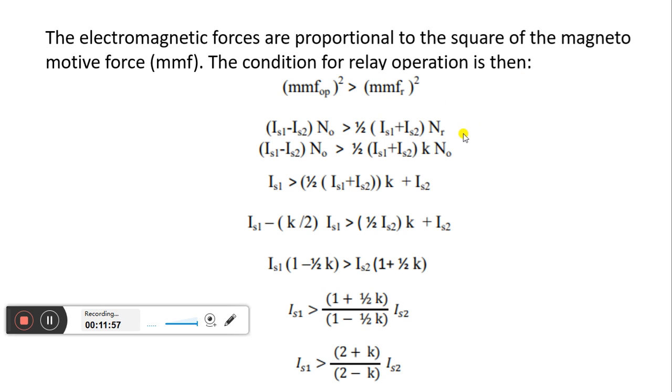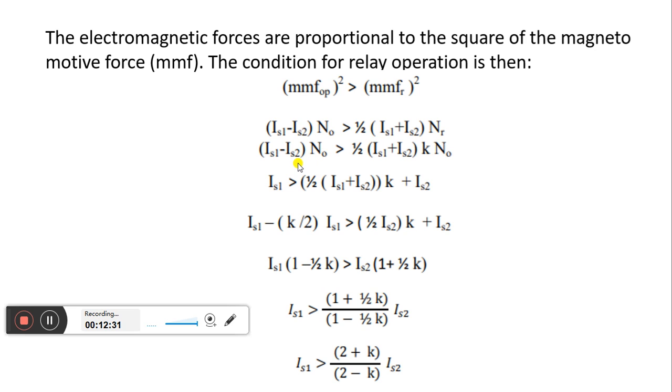It means we can write here, IS1 minus IS2 into the number of turns of the operating coil must be greater than half of IS1 plus IS2 and the number of turns in the restraining coil. This was the condition which I have defined already: this is the current in the operating coil, this is the number of turns of the operating coil, this is the current in the restraining coil, and this is the number of turns in the restraining coil.